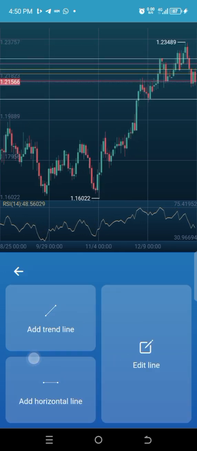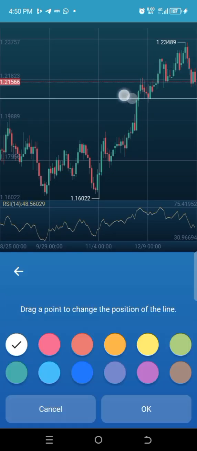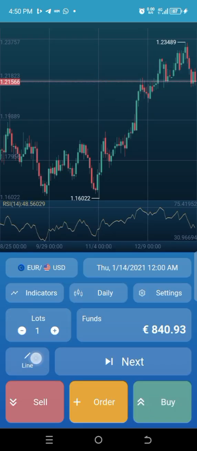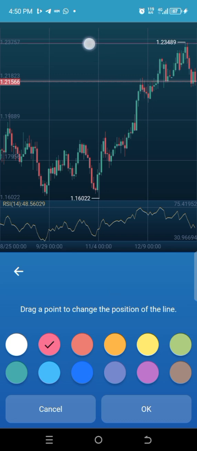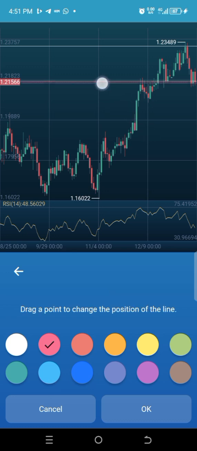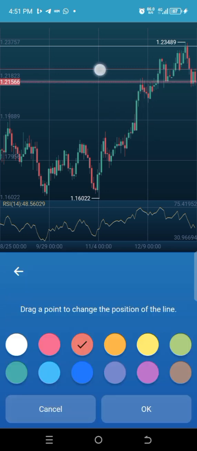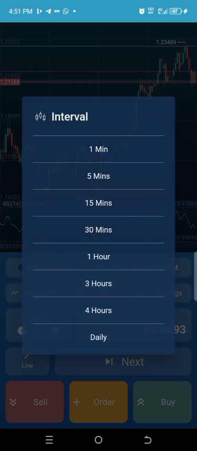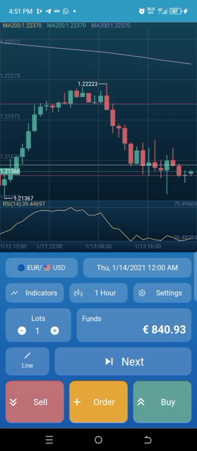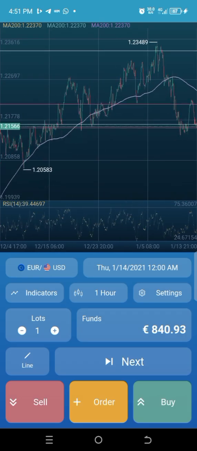An area of interest has been formed. Another one. Let's wait for our open, our low, our high. Area of interest well formed. Let's wait and see.